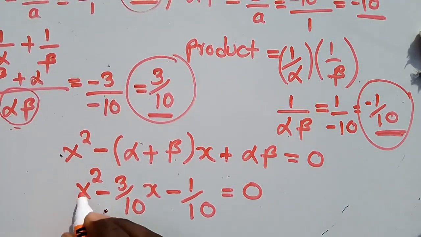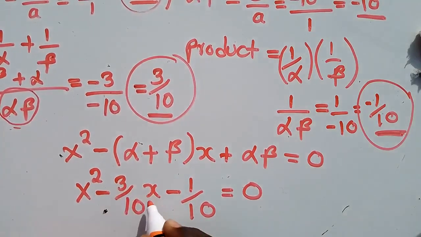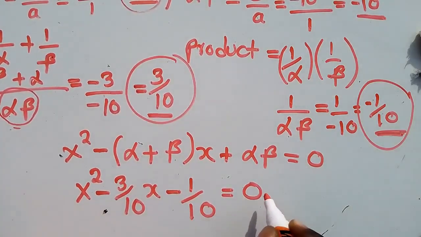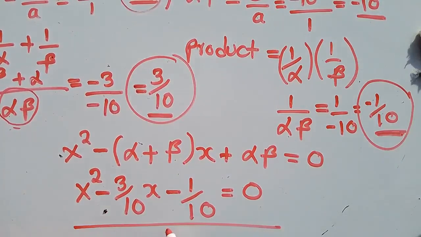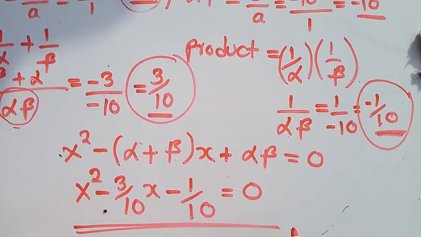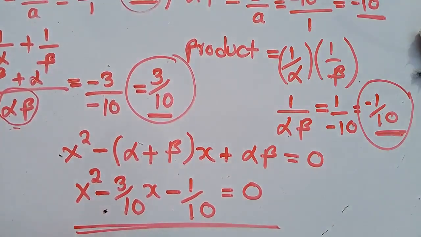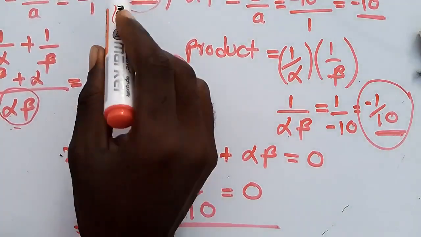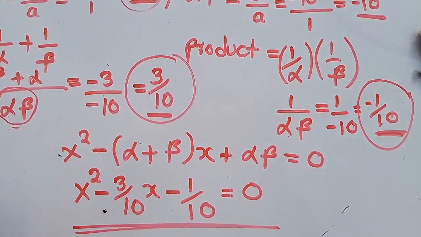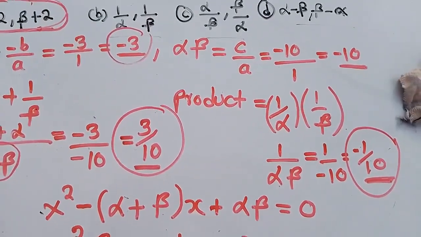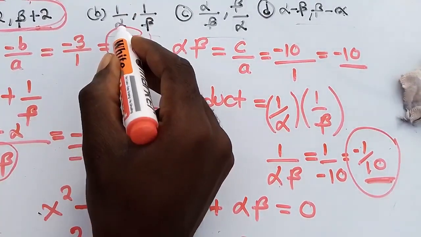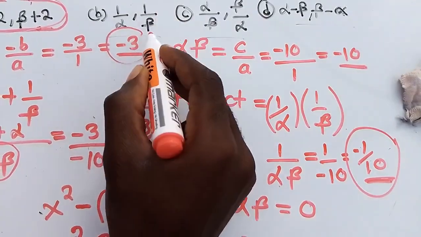Have you seen? x squared minus 3 over 10 x minus 1 over 10, which is equal to 0. This is how you are supposed to answer this. This is the equation whose roots are 1 over alpha, 1 over beta.